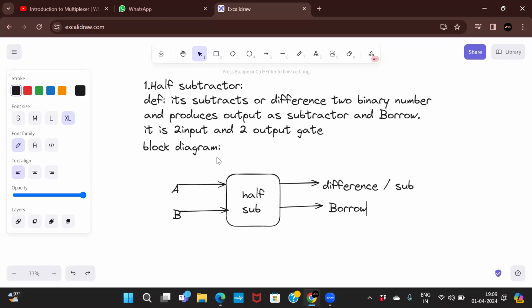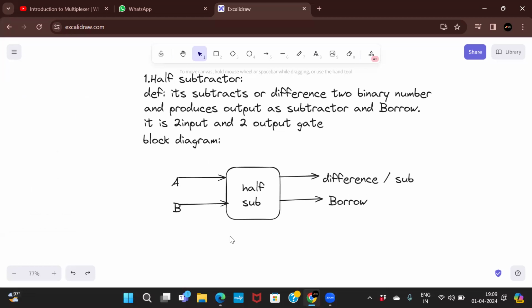Are you getting it? So this is the block diagram of the subtractor. It subtracts two binary numbers and produces the outputs difference and borrow, and it is a two input, two output circuit.